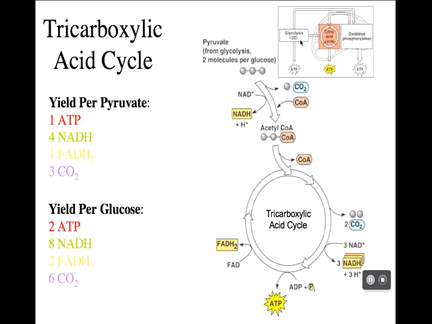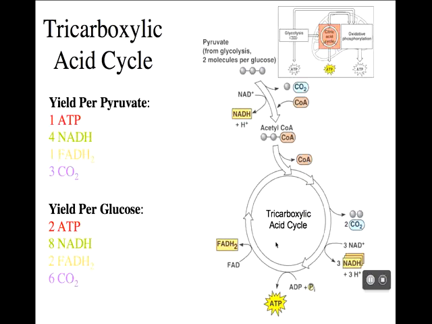If you're asking how much ATP you get from the tricarboxylic acid cycle per pyruvate, that's 1 turn of the cycle. But really, most of the time we calculate it per glucose, because glucose goes into glycolysis and we count everything that happens from that point. Right? So 2 different numbers here, depending on if we're talking about per pyruvate or per glucose.